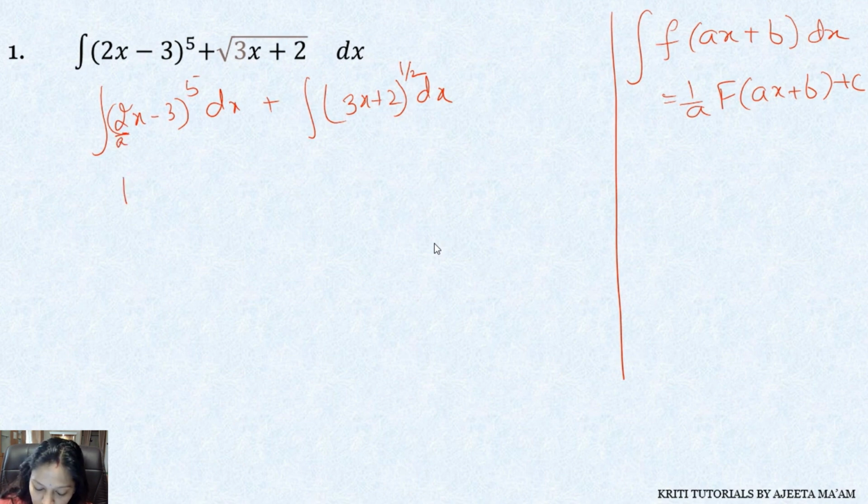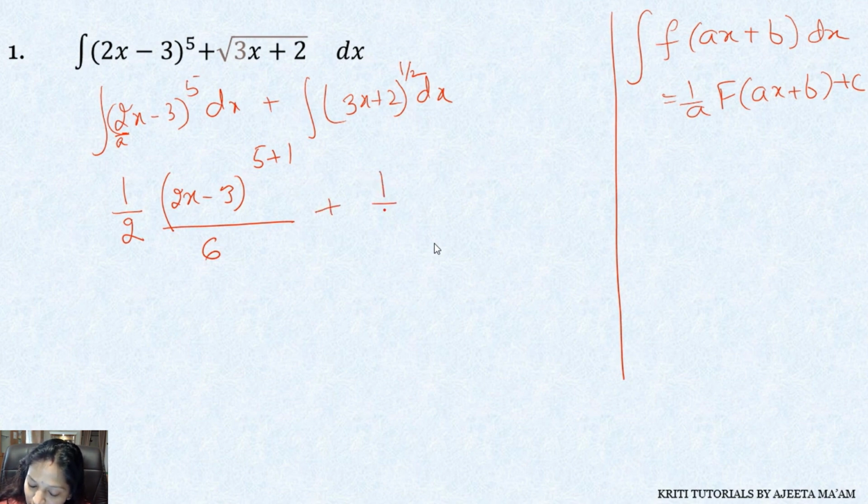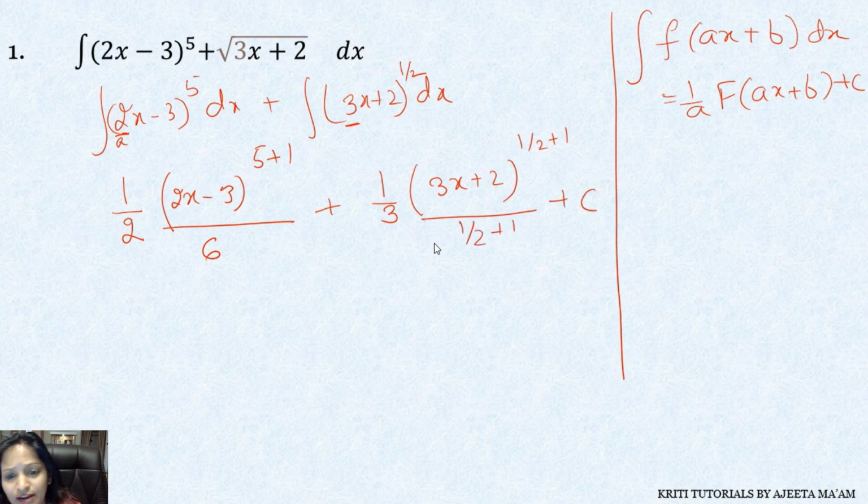So I will get 1 upon 2 and the integral of the function given to you. According to the power rule, the power will increase by 1, and in the denominator we also get the increased power. Same thing here. What is a? 3. So 3 will come out. So 3x plus 2 raised to half plus 1 upon half plus 1, plus c. That's the final answer.